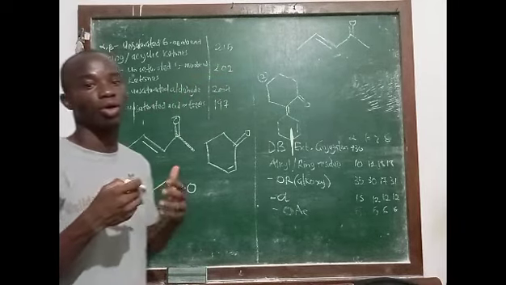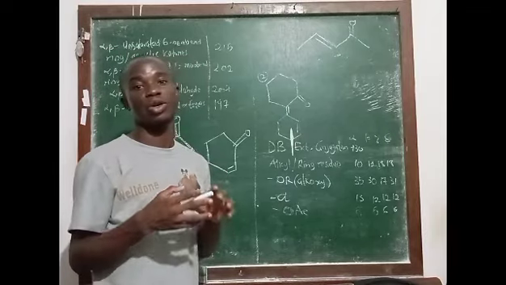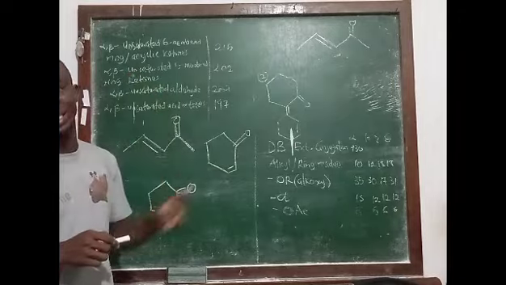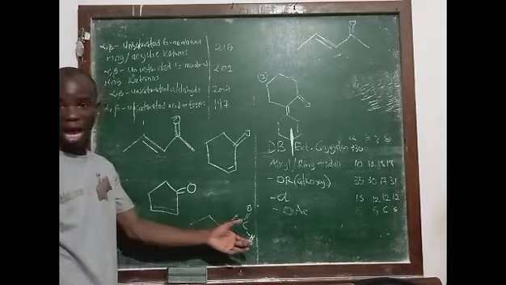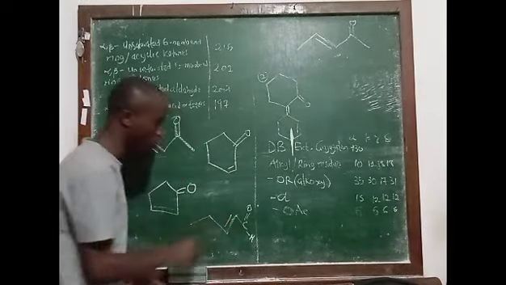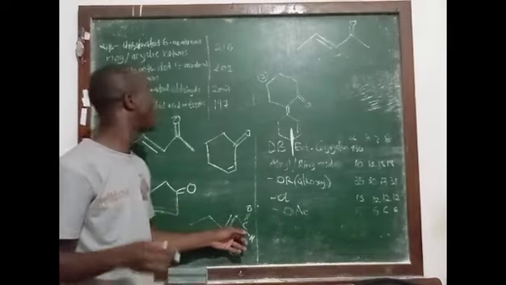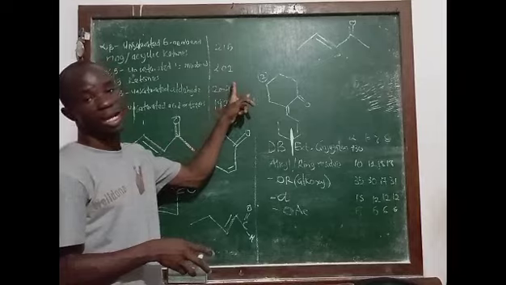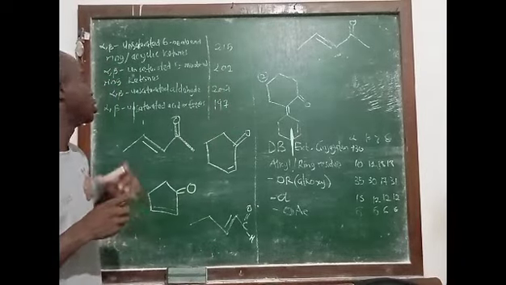Another kind of chemical group that you can also have for a conjugated carbonyl is a conjugated aldehyde. So this is an aldehyde, but it is conjugated. So for a conjugated aldehyde compound, the basic lambda value there will be 207 nanometer.